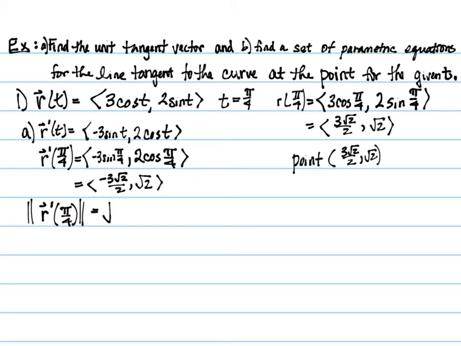Okay, so we'd have the square root of negative 3 square root 2 over 2 squared plus the square root of 2 squared. Can anybody clean that up for me and tell me what you're going to get underneath your radical?